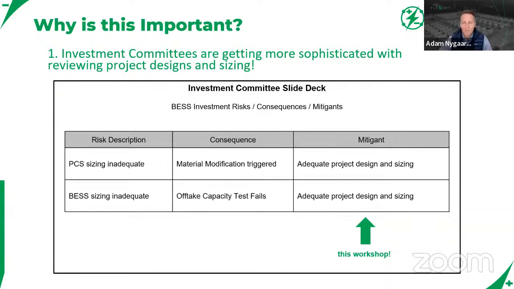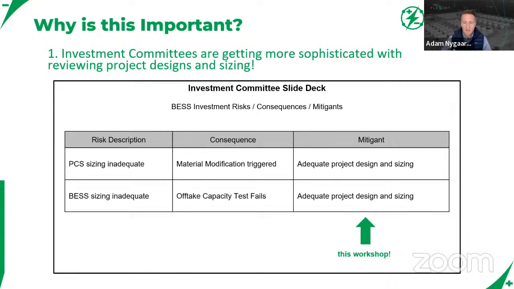But the point being, if you don't adequately size your PCS and project up front, even when submitting the interconnection application, and then you realize it later on, you may trigger a material modification, get kicked out of the queue. You have to restart your entire project. That can be mitigated by adequate project design and sizing, which is what you're going to learn in this workshop today.